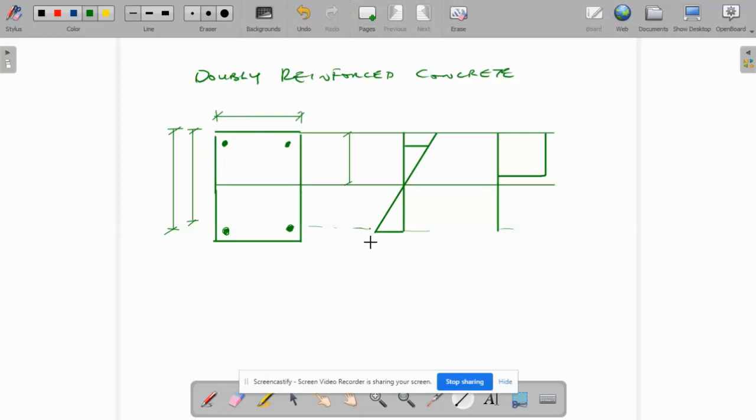Here we have the strain in the tension steel, which we term ESt. This is b, the breadth of the section, and we have this as our concrete strain, 0.0035.